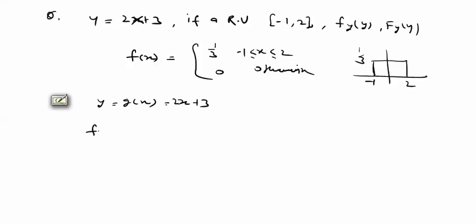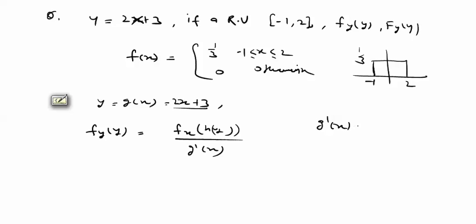With the help of the formula, y equals g(x) equals 2x plus 3, our formula is f_Y(y) equals f_X(h(y)) upon g dash x. In this question, g dash x is 2.